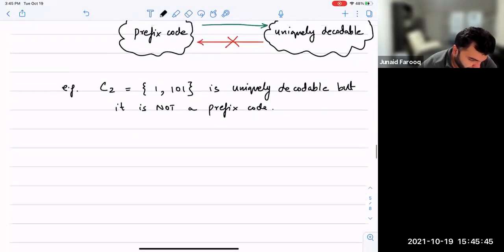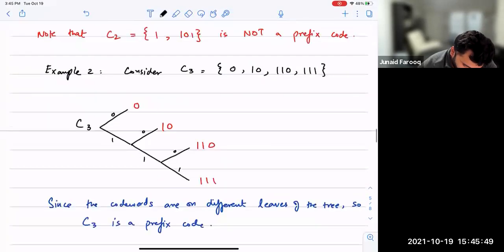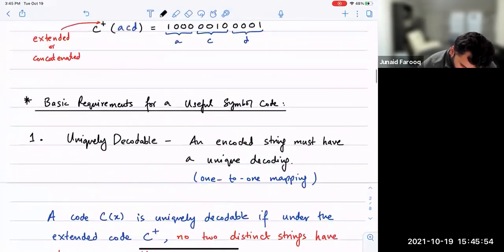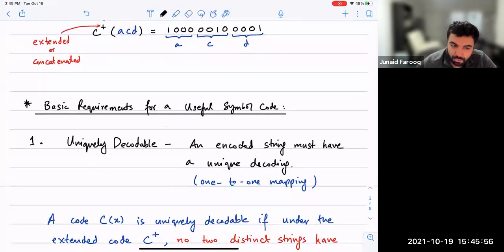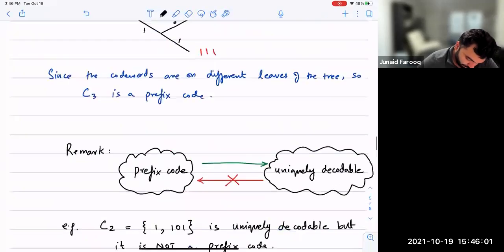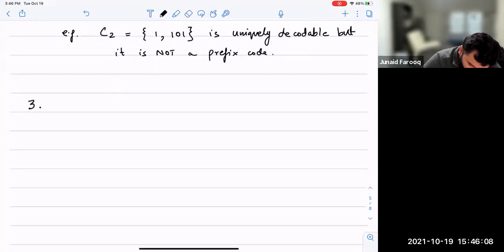So the next property, or the next kind of requirement for useful symbol codes is to have maximum compression. So the third requirement is that the code achieves maximum compression.